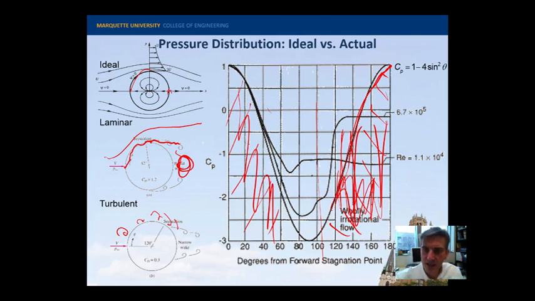You can see here that the laminar flow Reynolds number was 1.1 times 10 to the fourth, right? When we increased the Reynolds number, the flow naturally transitioned to turbulent, 6.7 times 10 to the fifth, over 10 times faster. The flow transitioned to turbulent naturally, and you got this pressure recovery business going on.